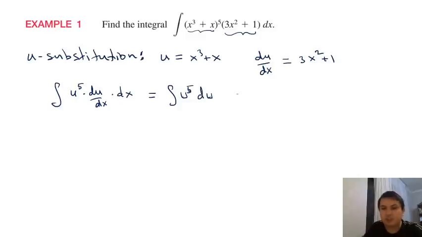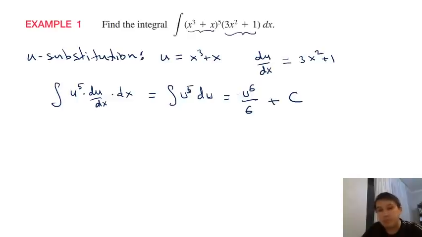So it's just the integral of u to the 5. What is the antiderivative of u to the 5? It's the power rule for integration: u to the 5 plus 1, so u to the 6 divided by 6, plus a constant, because this is an indefinite integral. Are we done?